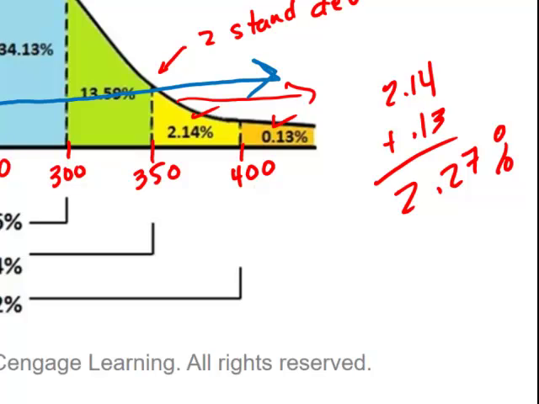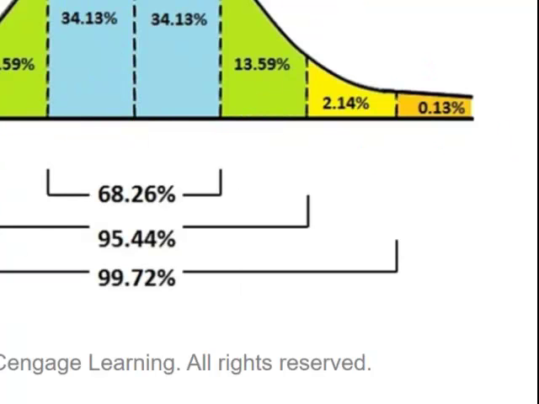So let's look at our next slide. More normal curve stuff. So let's play again. The average tire is 44,000. So in the middle, we have 44,000 for our mean. Here are our different standard deviations, 1, 2, and 3 standard deviations. The standard deviation is 2,500 miles.